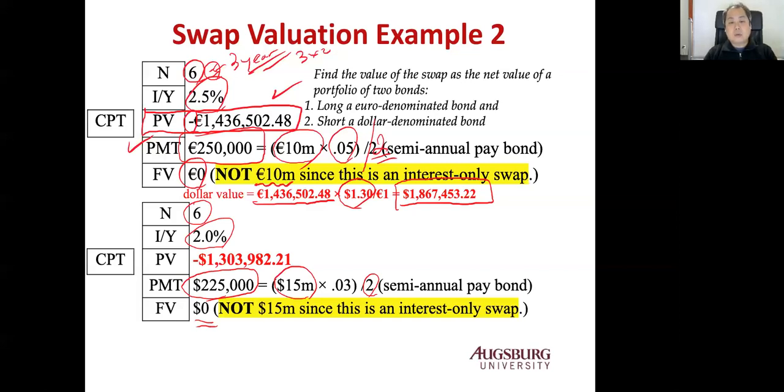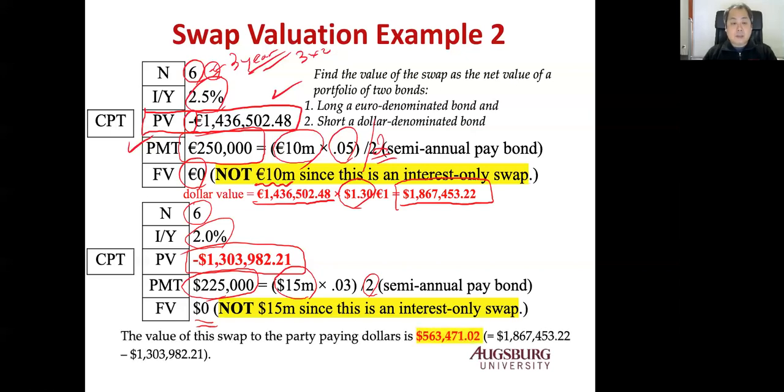This is an interest only swap. Present value, 1,303,982.21. That's the cost basically. So eventually the value of the swap is this difference, $563,471.02.